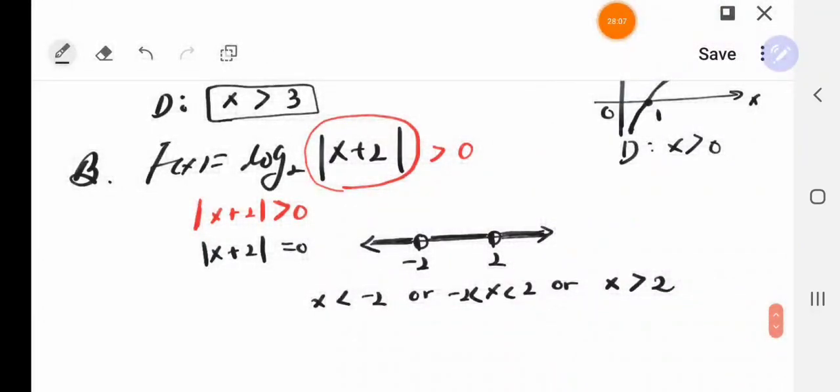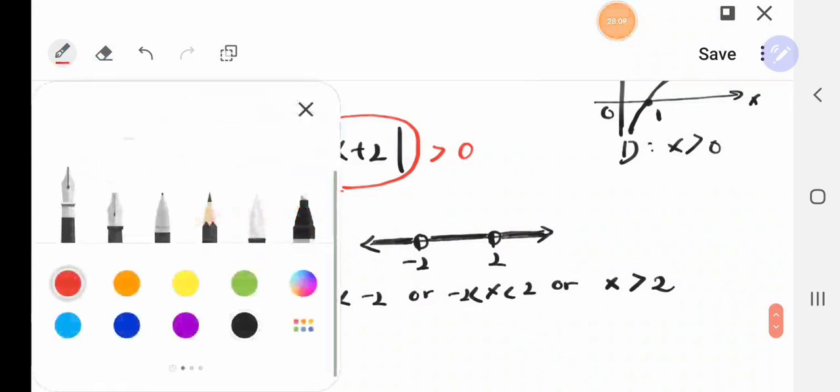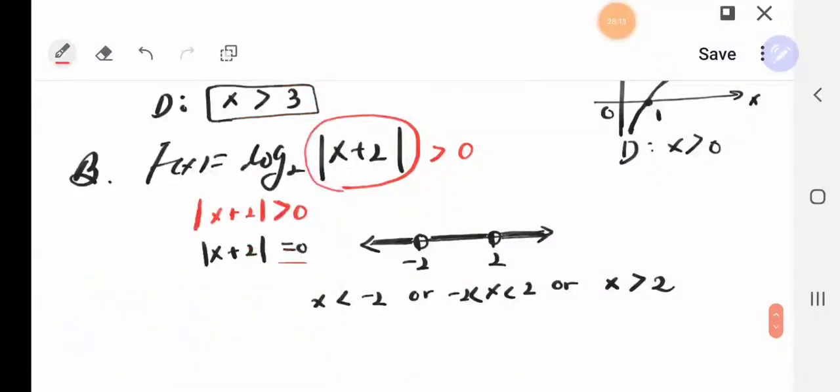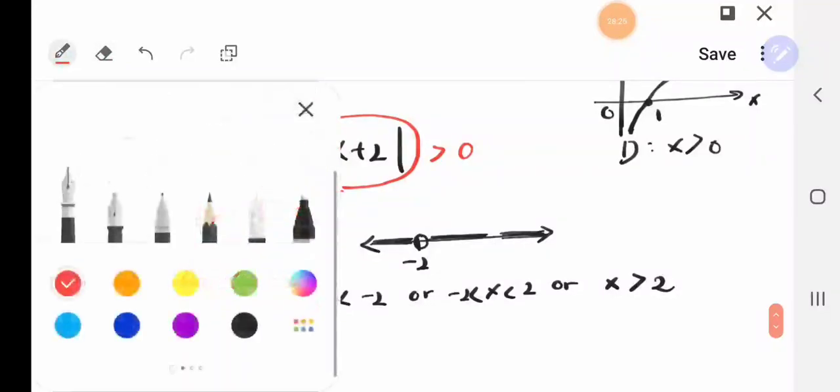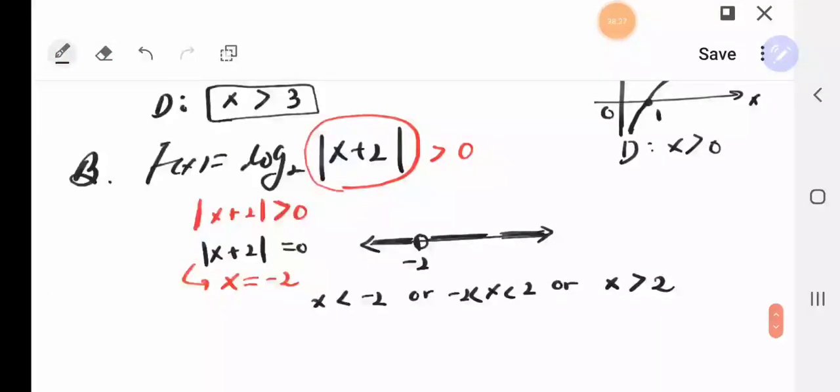Oops, I'm sorry, actually, the absolute value is equal to 0 when x equals negative 2. So 2 is not included. I'm sorry, 2 is not included. Never mind this one. So x is all real numbers except negative 2.